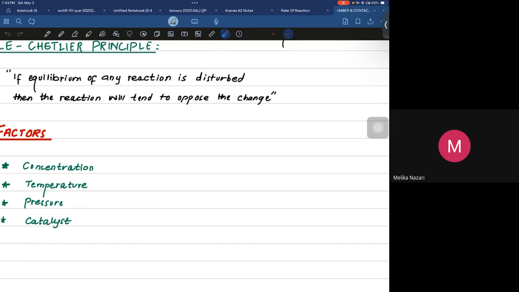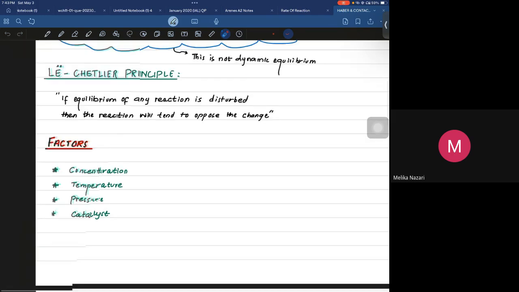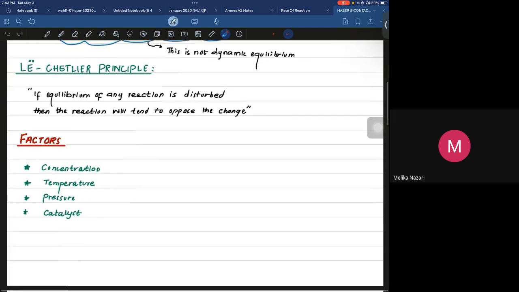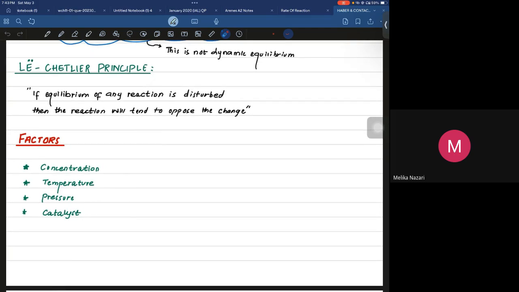Yes, sir. Before going to discuss that, remember one thing: things always move from higher potential to lower potential. I'm standing on the second floor, so of course I can go down very easily.